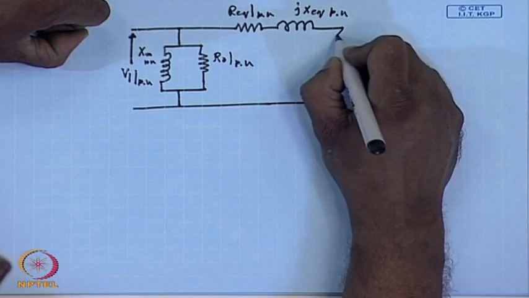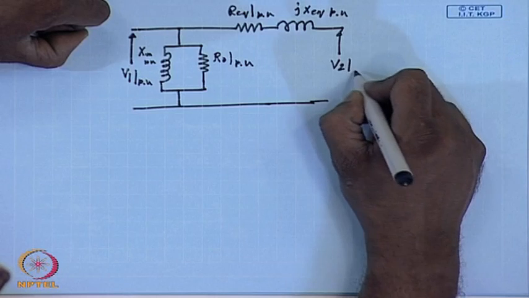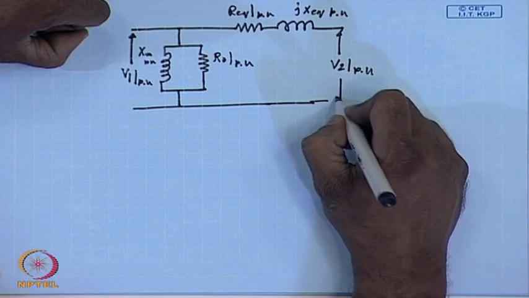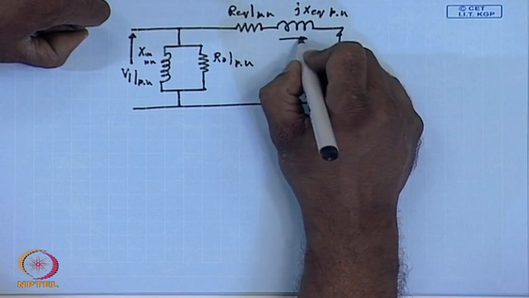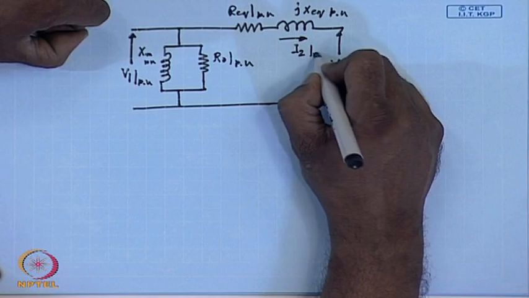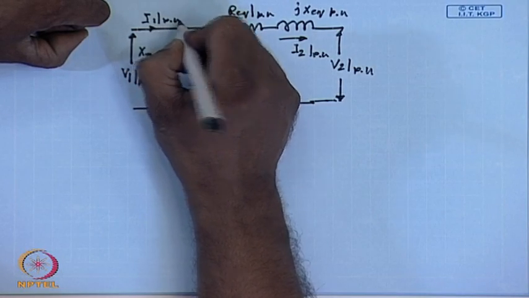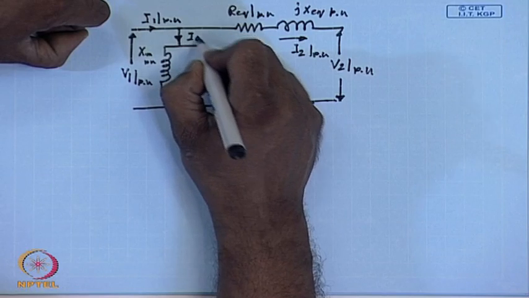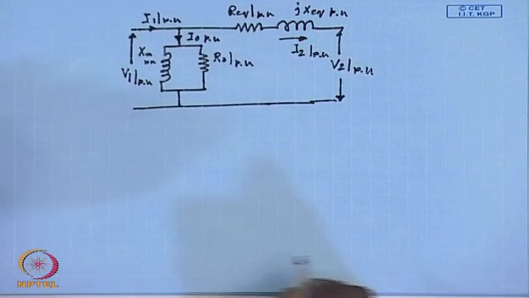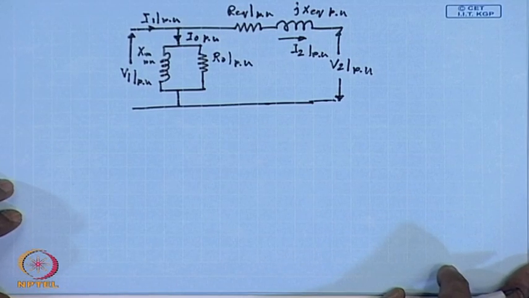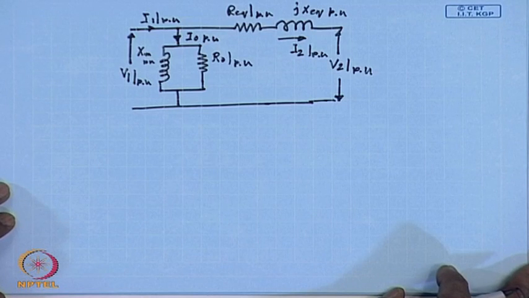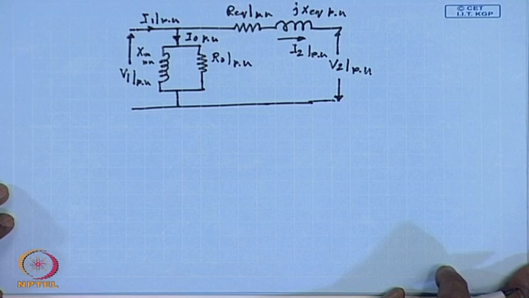Here you will get V2 in per unit, here you will get I2 in per unit, here you will get I1 in per unit, this is I0 in per unit. So, this is how you get the equivalent circuit parameters of a single phase transformer from short circuit and open circuit test data.